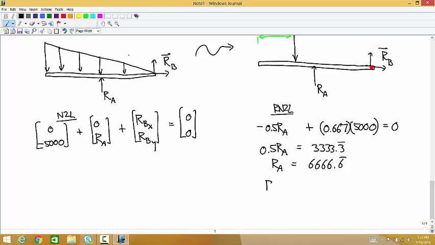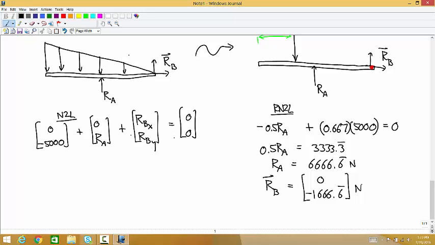And then plug that back into the first set of equations, and you get RB is equal to 0, negative 1666.6 repeating. Any questions about that?